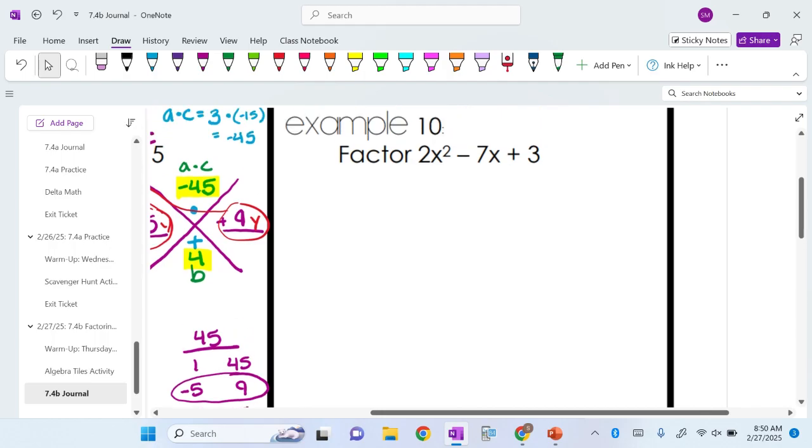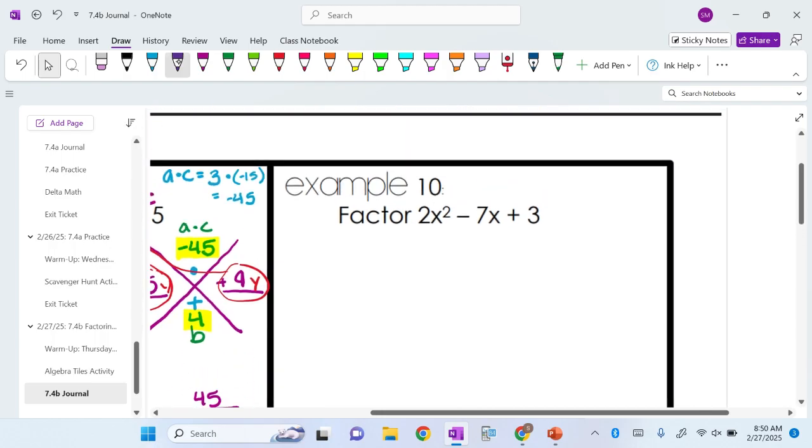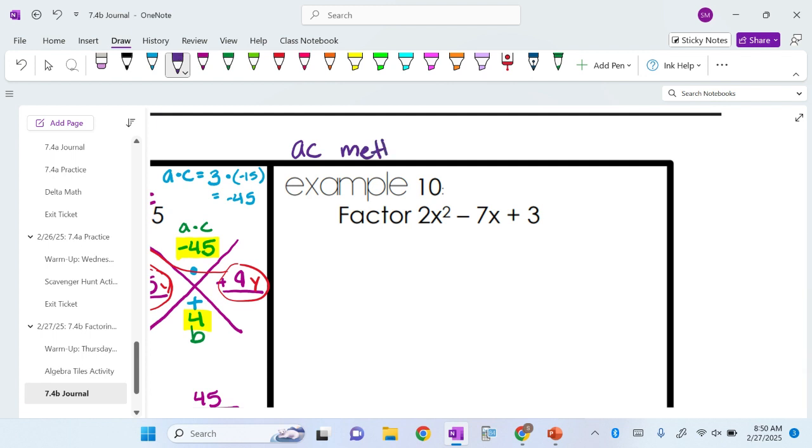Now, on the other hand, if we do the AC method, let's look at example 10. So, AC method, still start with our big X, A, B, C. So remember, we got to do A times C first, which, what's my A value? 2.